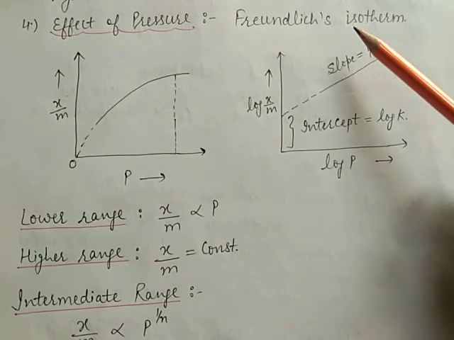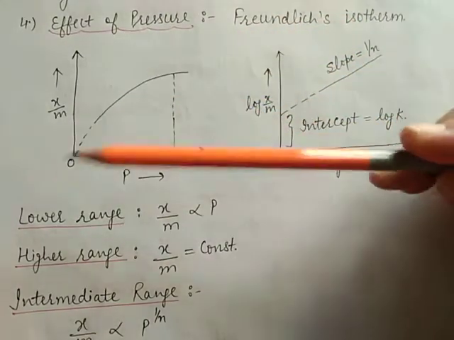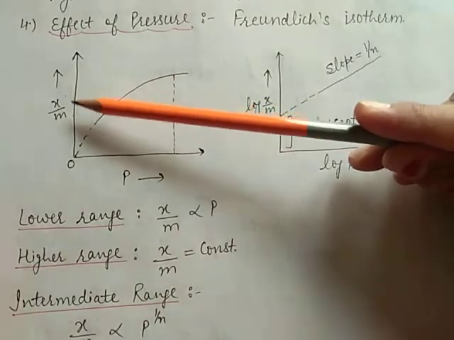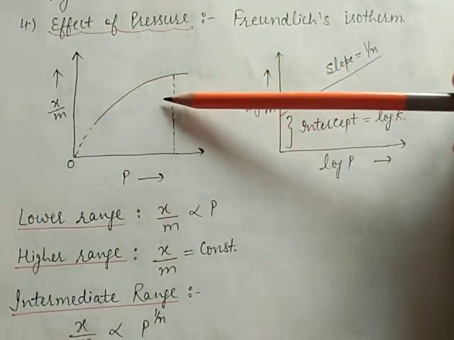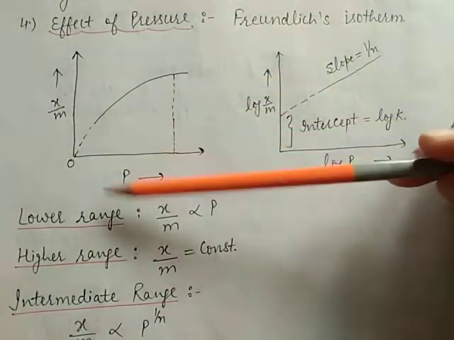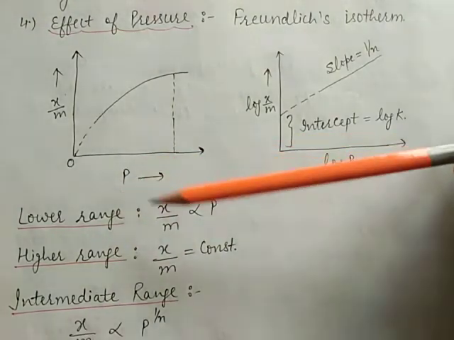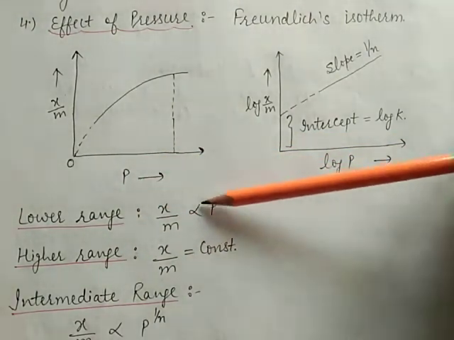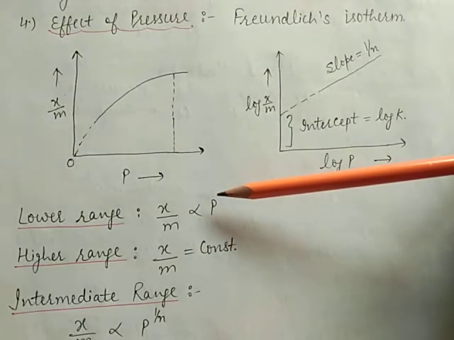So according to Freundlich, it gives the relationship between the magnitude of adsorption, that is x by m, and pressure at constant temperature. He gave the expression at lower range: x by m is proportional to pressure, which means it is directly proportional to pressure.